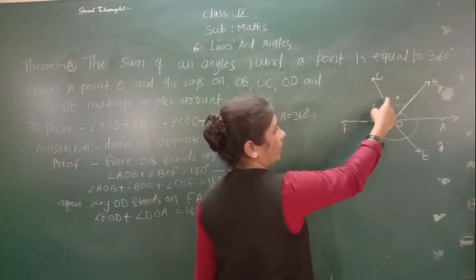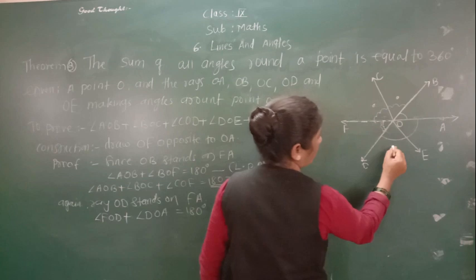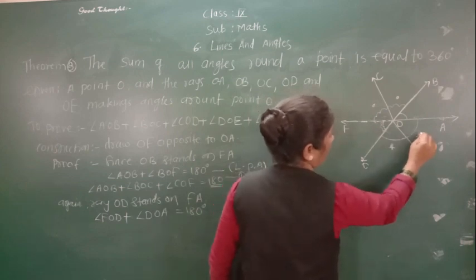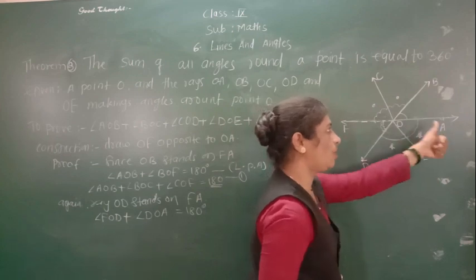Now similarly, DOA is the sum of these two angles, so instead of DOA we write angle DOE plus angle EOA.